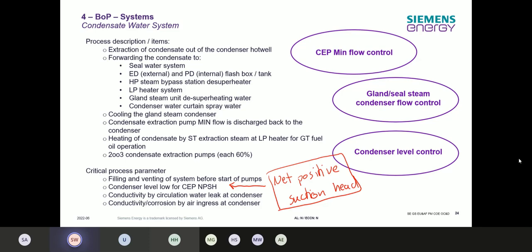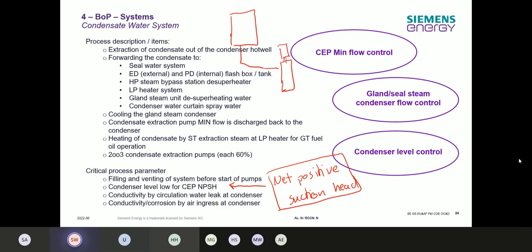That means you have a certain condenser level, because when we draw it in here, you have the condenser somewhere. You have then on the downcomer side the connection pipe, and somewhere there the CP pumps are sitting.